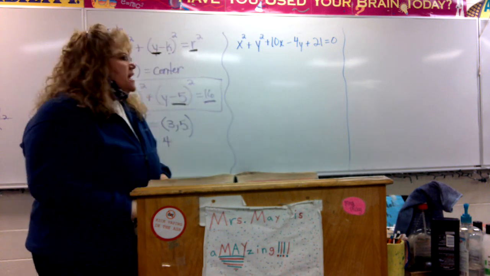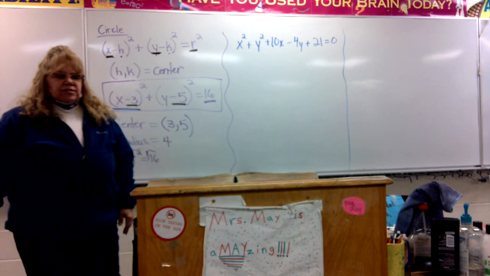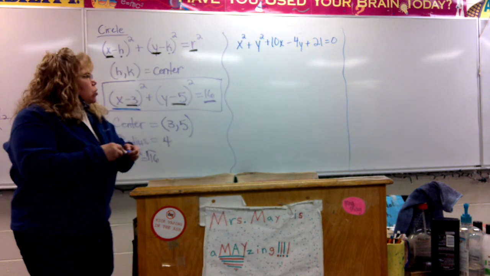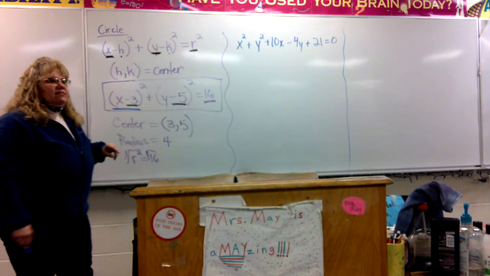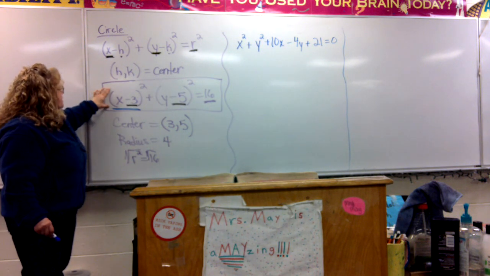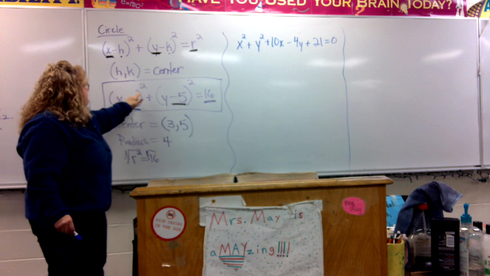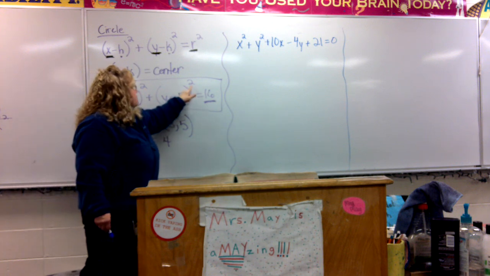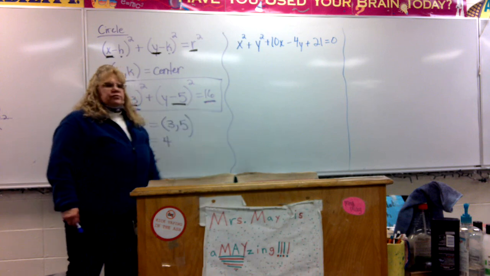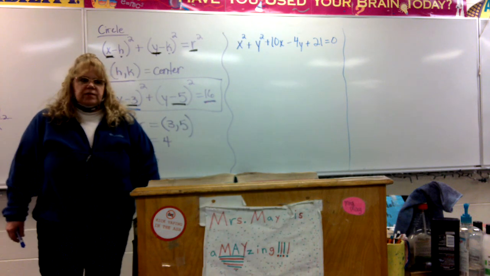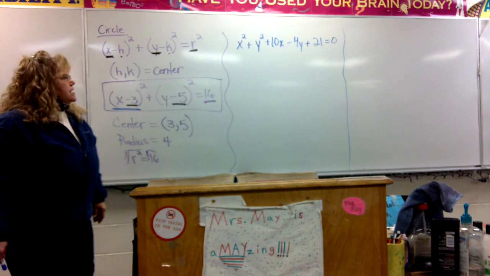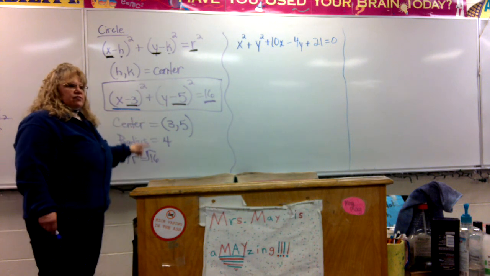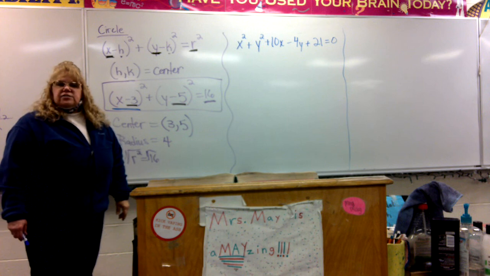Well, guess what? You can't when it looks like that. So we're going to have to rearrange that and get it to look like this. The x stuff all squared plus the y stuff all squared equals the radius squared. So our job today is mostly going to be to get that to look like this. How do you do that?